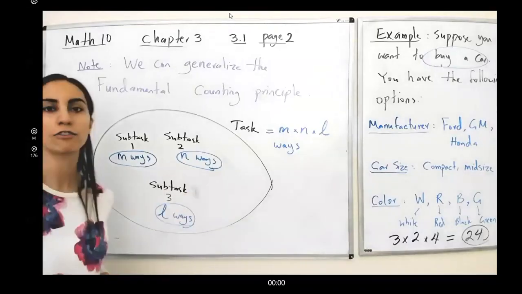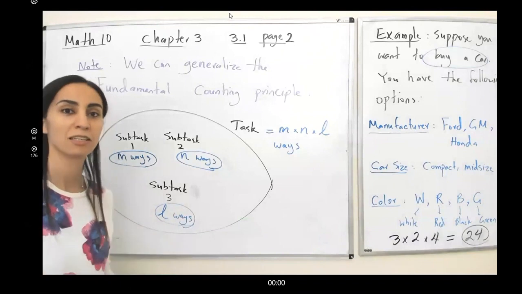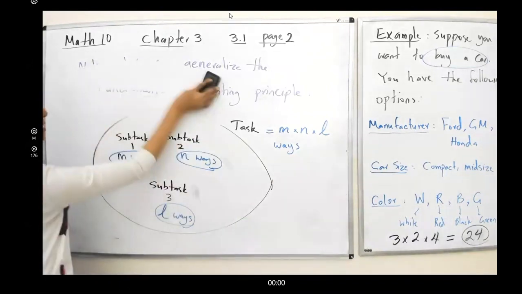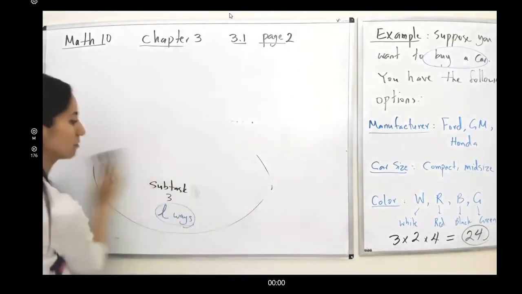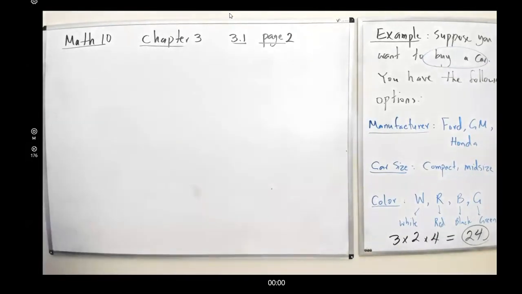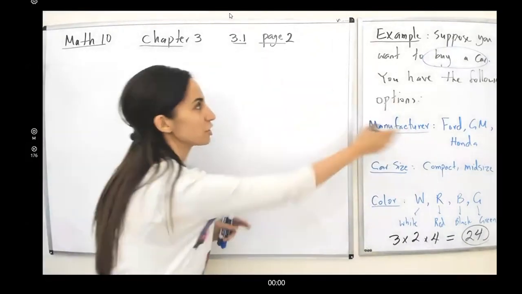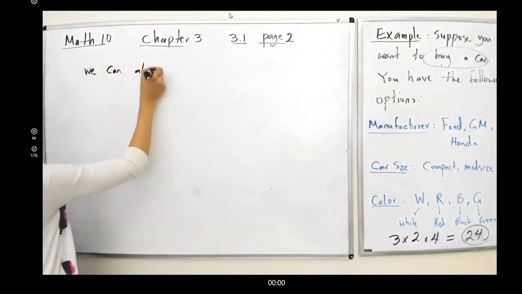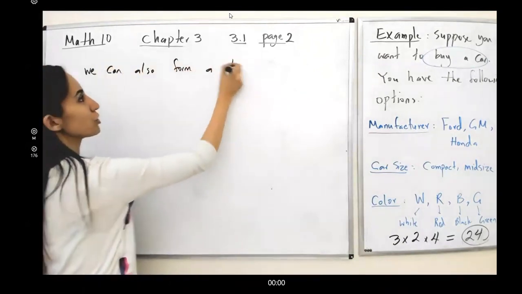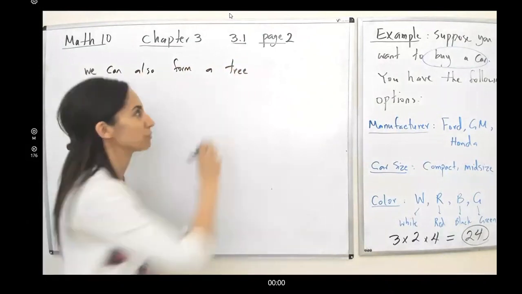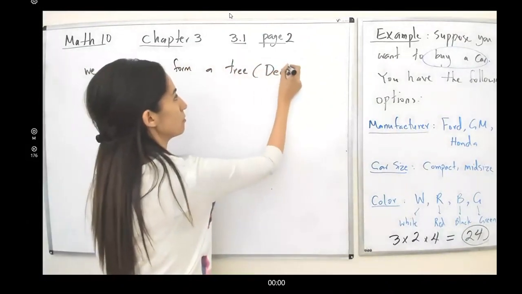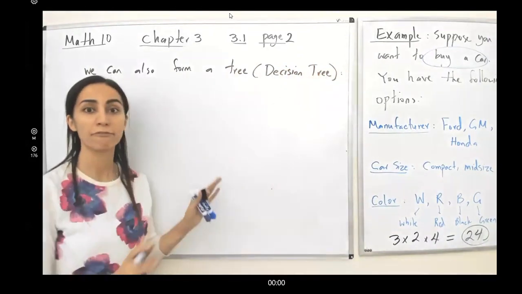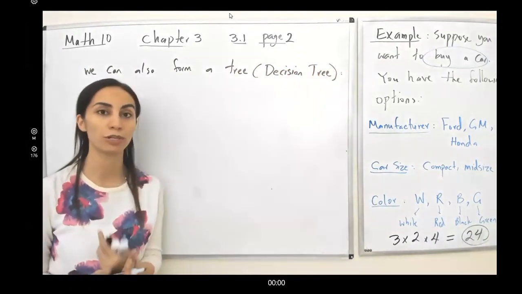So we can also form a tree to connect these together and visualize it better. So I'm answering this example. You can also form a decision tree. This is a very basic concept that we are going over here.